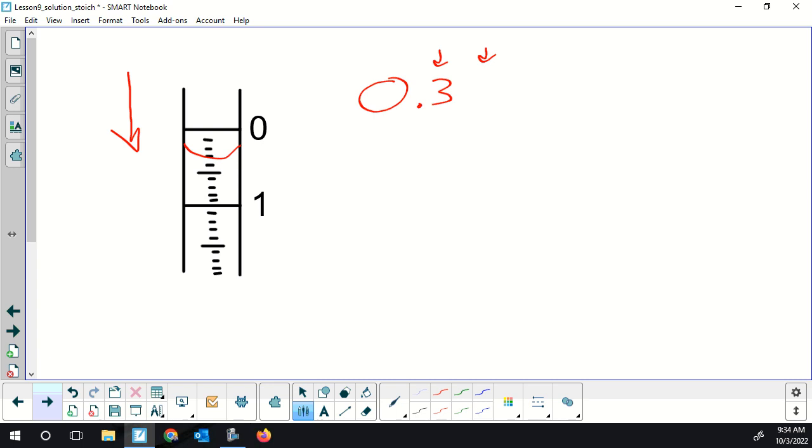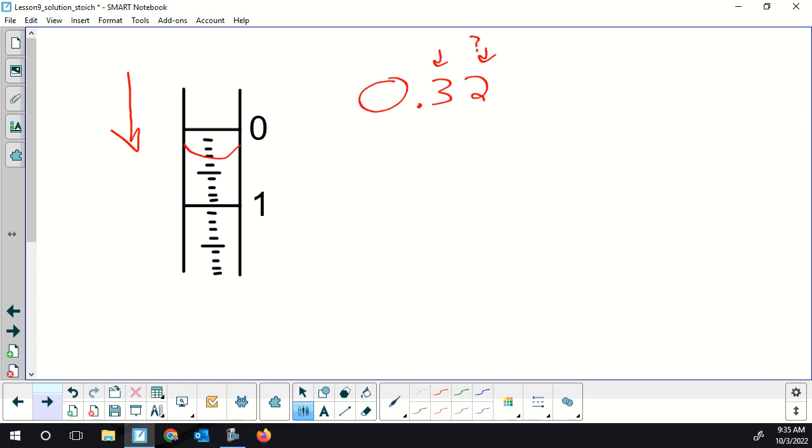So this meniscus is below the 3rd tick. It doesn't even look halfway. It's somewhere before halfway down, and maybe you think it's 2/10 of the way down between the 3rd tick and the 4th tick. Okay? This is our uncertain digit. That is our last significant figure, and we're not 100% sure.